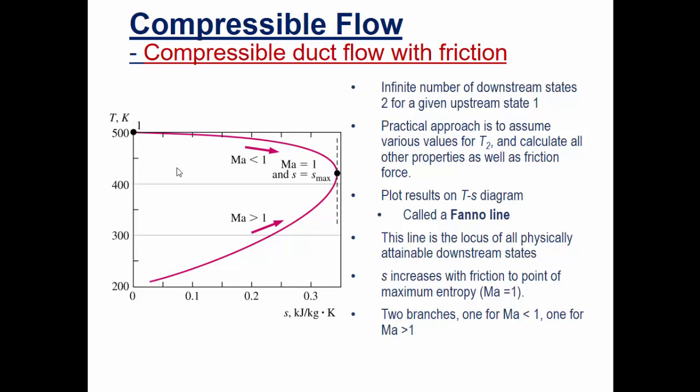The difference is now the Fanno line is standalone in the graph, and this line, the purple or pink color, is the locus of all physically attainable downstream states. So this is the line where the possible results of condition number 2 can be obtained from any condition of state 1.